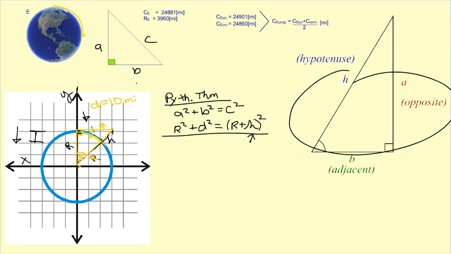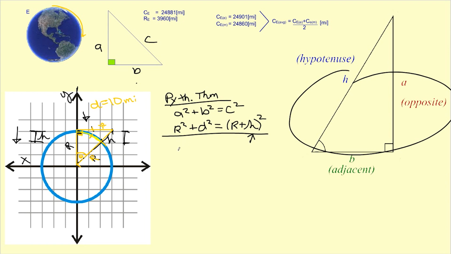That's why we're exaggerating, totally exaggerating. That's why these lines are actually almost the same. So 10 miles. What is h? This is h right there, that little piece. So we have to isolate that.